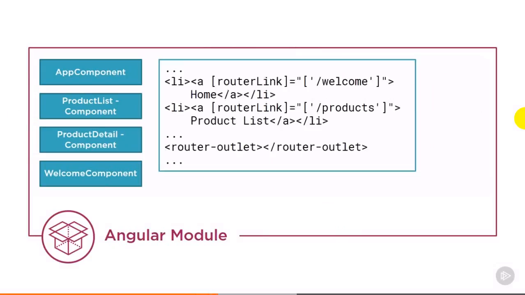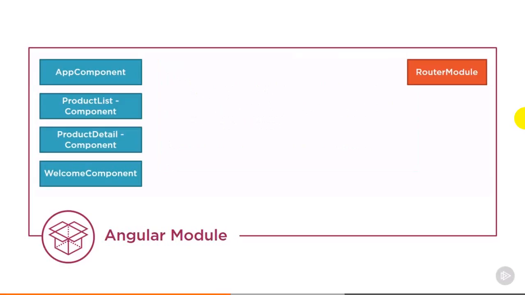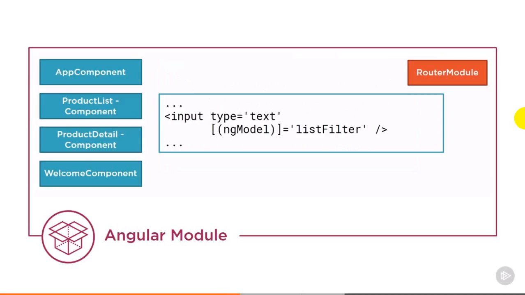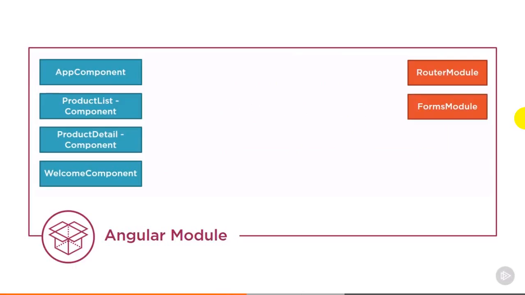The app component sets up the routing for our main menu using RouterLink and includes the router outlet directive. So it needs the routing directives, router service, and routes, which are defined in router module. The product list component uses ng model, so it needs the forms module.